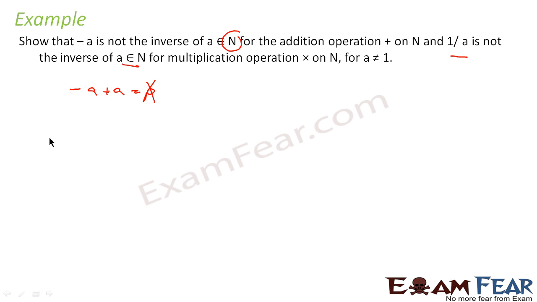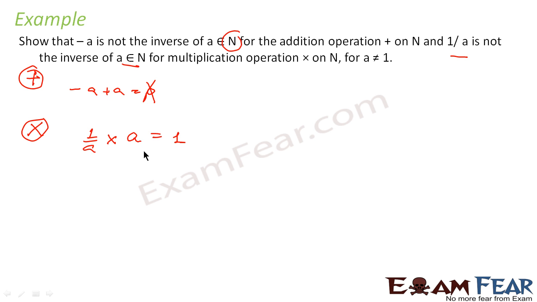For 1 by A, for multiplication, I am talking about now, this was for addition. For multiplication, I am saying 1 by A is not the inverse of A. If you take 1 by A and multiply with A, what you get is 1.